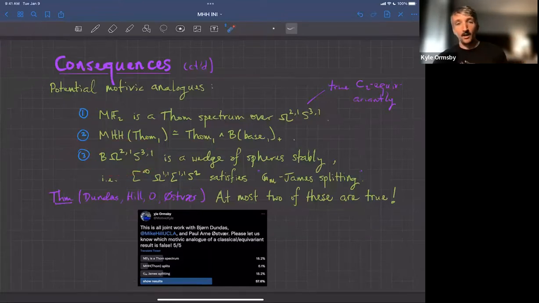Well, a motivic analog of James splitting would say that maybe this does split as a wedge of spheres. Maybe that's false. So probably 1 is false, or 3 is false, or both of them are false. That's my best guess. What we have proven is that at most 2 of them are true.